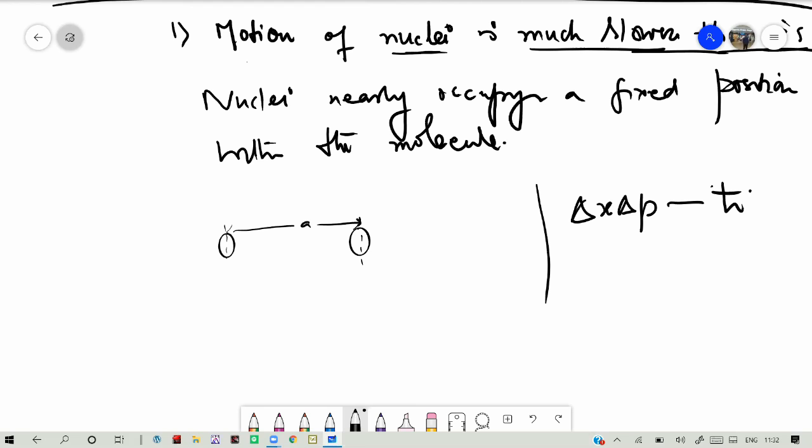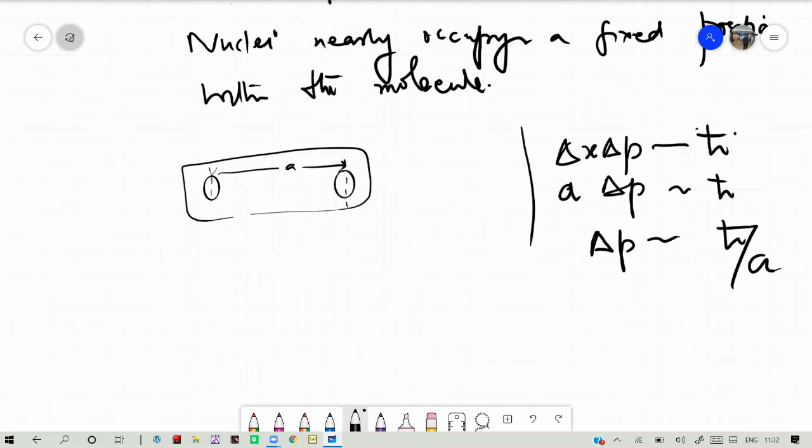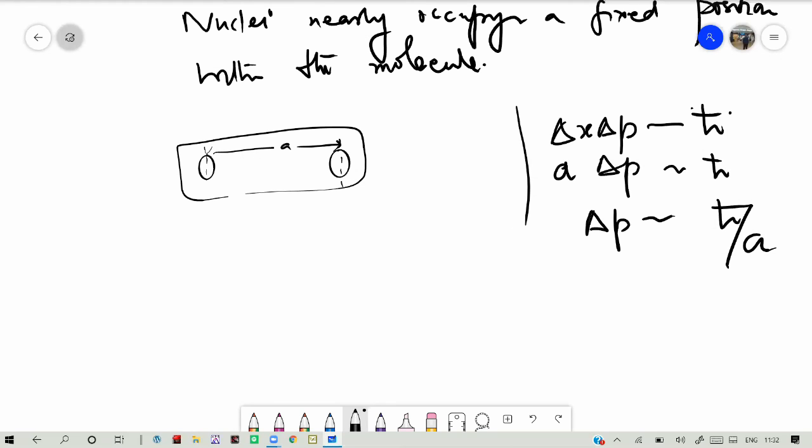Now here the position uncertainty delta x is a, so delta p is approximately h cut by a.